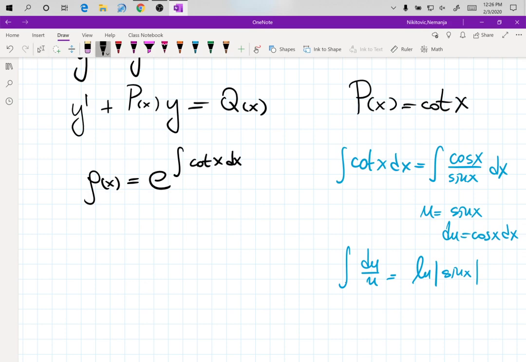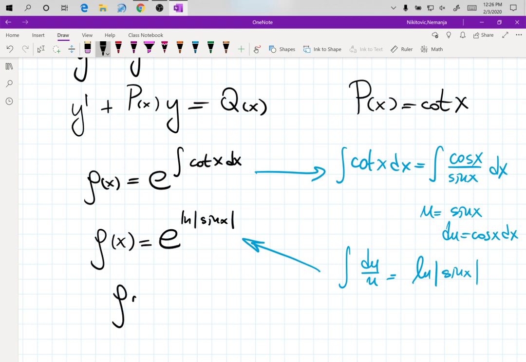So now our good old rho of x is equal to e to the ln of sine x. And then ln will kill e, and we don't even need the absolute values anymore, right? Because ln is gone.